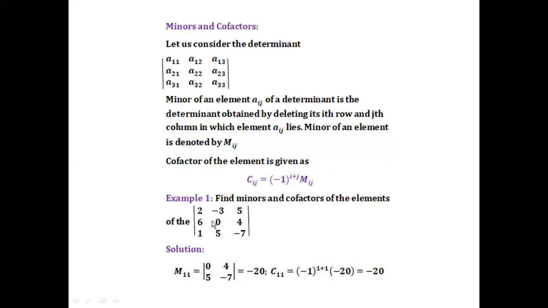This is the minor of the first element. Now the cofactor C11 is, in the formula, minus 1 raised to i plus j, into Mij. Here i is 1, that is the first suffix, and j is also 1, the next suffix, and Mij is minus 20. As minus 1 raised to 1 plus 1 is 2, which is even, the value of this term is 1, and 1 into minus 20 is equal to minus 20.